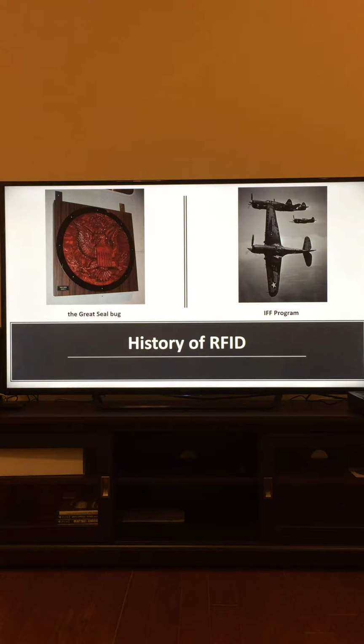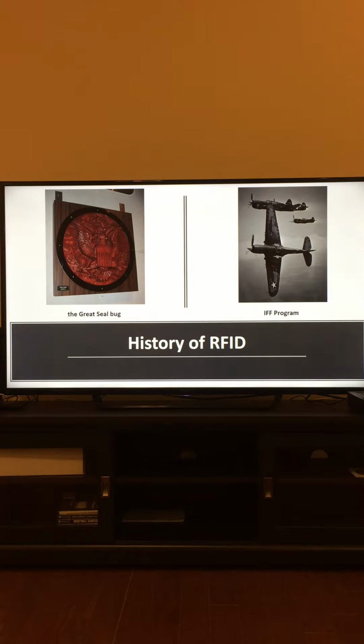The RFID tag originated from a listening device called the Gray Shield bug and an IFF aircraft transponder during World War II, which were basically used to retransmit incident radio waves with audio information and identify friend or enemy aircraft respectively.